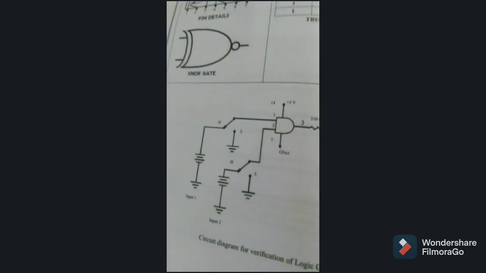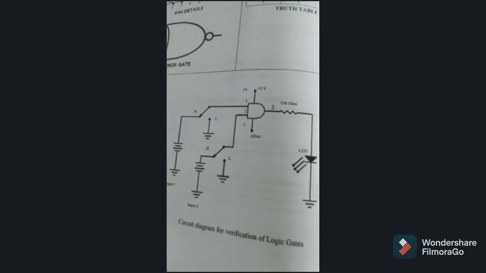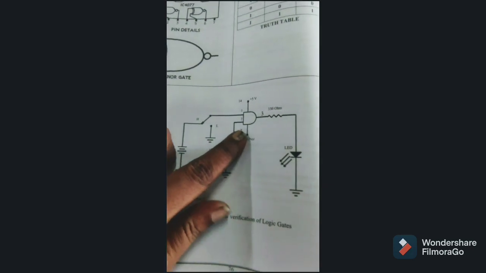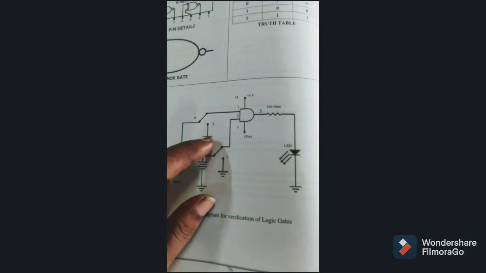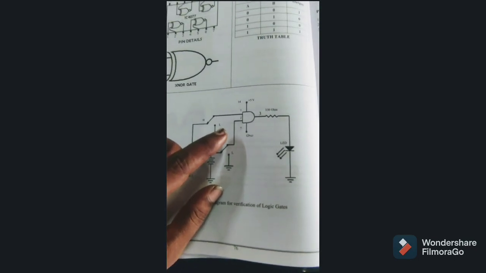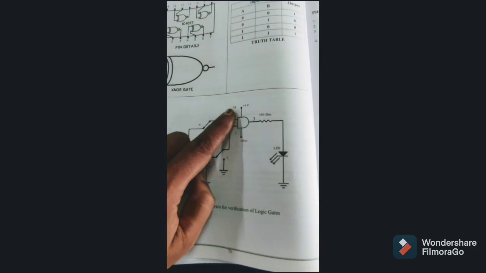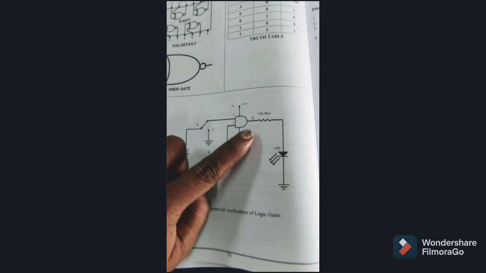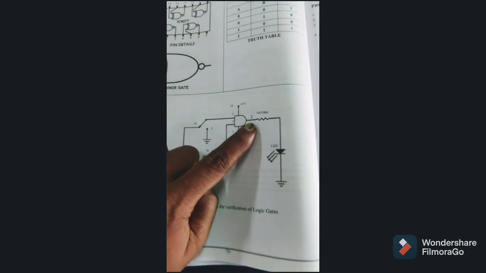For an example, we need to take any one of the logic gates. For example, this is one of the gates. When you check the IC pin diagram, you will come to know from which terminal we need to give an input and from where we need to get an output. In this IC, the input terminals are 1 and 2, and we take our output from the third terminal.